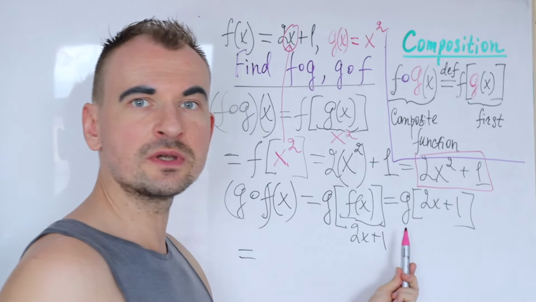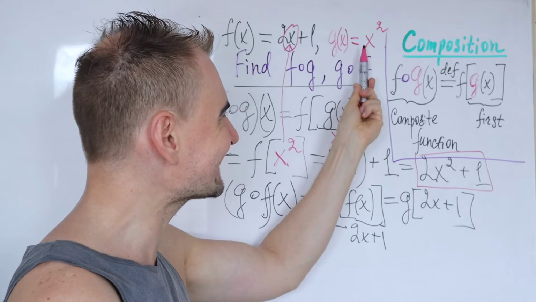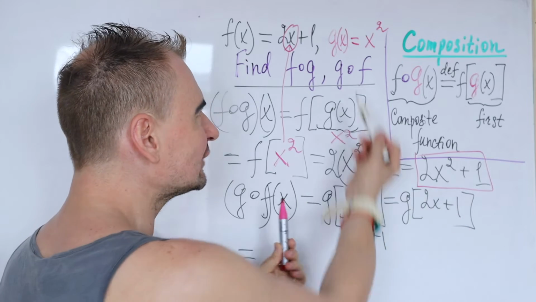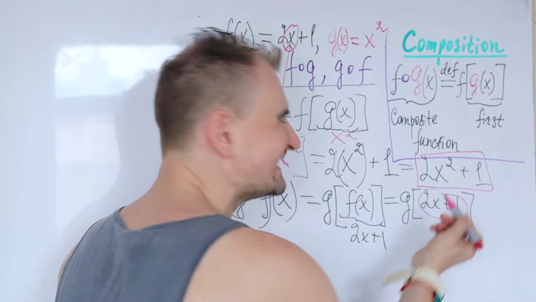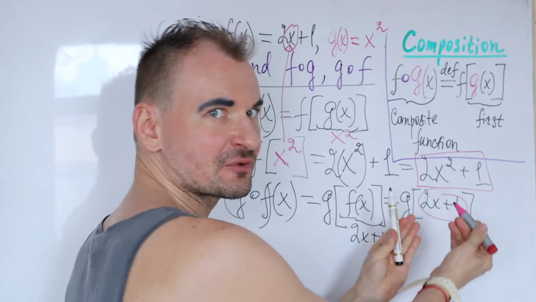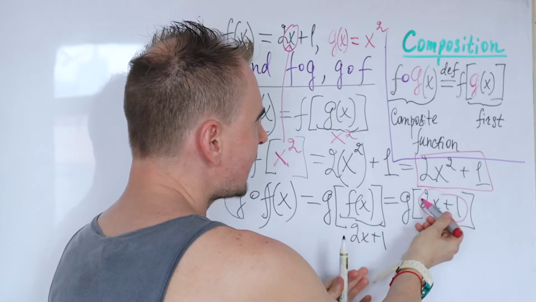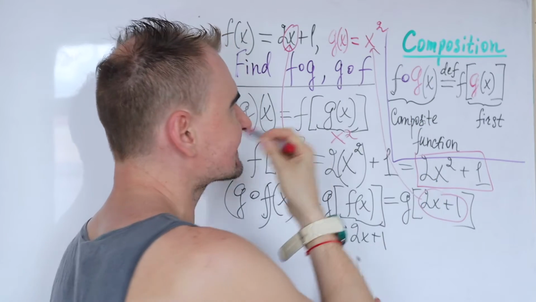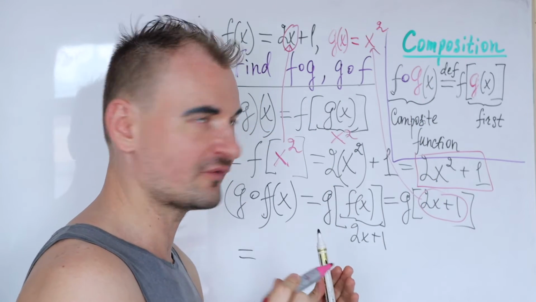Now, we're going to do this g. So g is x squared. So instead of x, I'm going to substitute this entire expression. You take this 2x plus 1 as is, the whole thing, and you plug it in for x into your x squared, into your g of x.